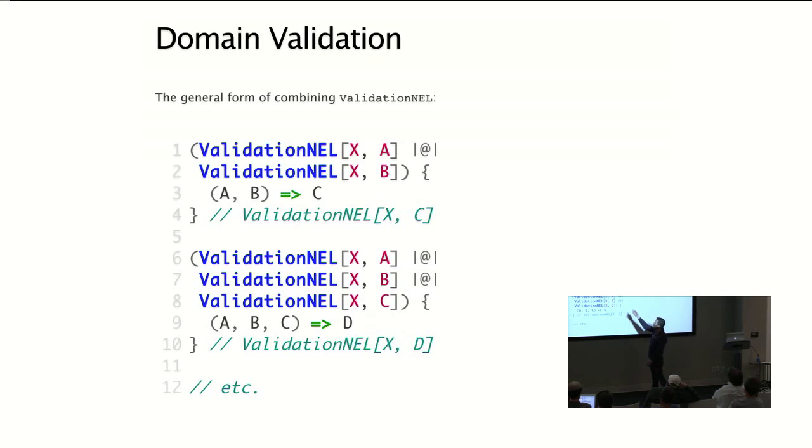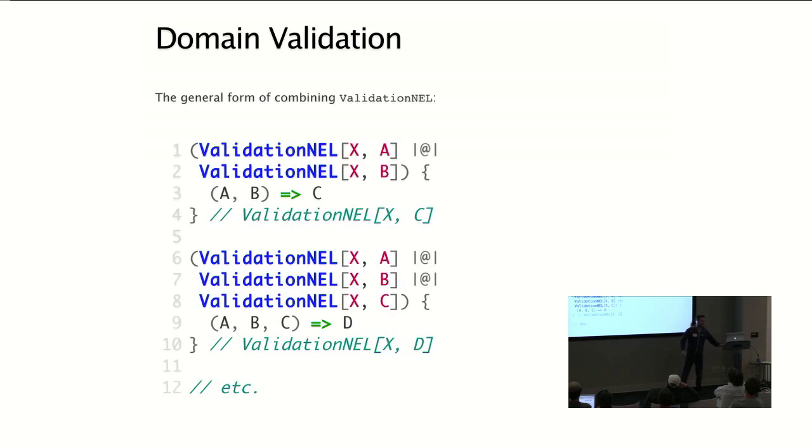So that would be A to B to C. Analogously, if I had 3 validations, I connect them all with Admiral Akbar, and I provide a function that takes the 3 success types into the final success type, and the failures will be concatenated together in the failure case.